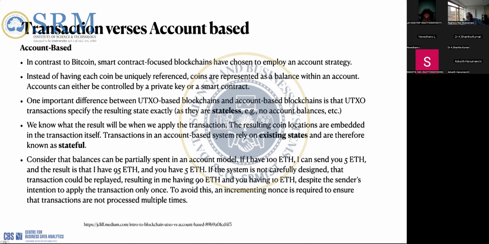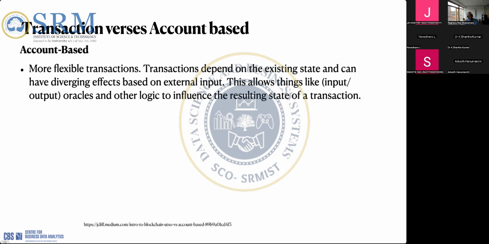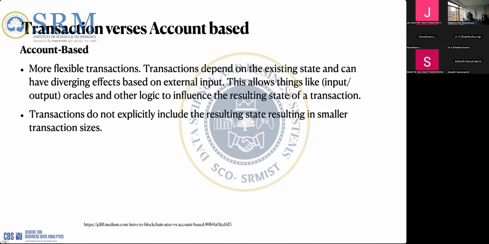Or maybe, if I have only 90 ethers in my account, get money from the other account and deposit it into this account. So basically, you can use this stateful information and specify the conditions for further executions. The existing state can have diverging effects, and you can also use it for writing different conditions.